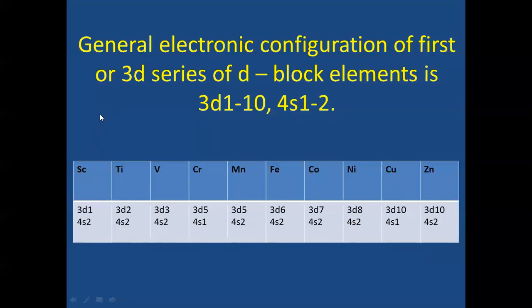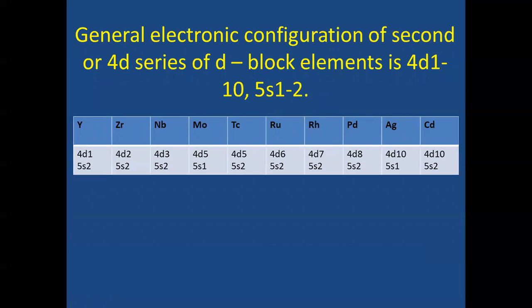At present we are talking about electronic configuration. So this was about the electronic configuration of the first series, or 3d series. Next is the 4d series. Again, we have to follow the same thing. Here we know that molybdenum and silver show some deviation in writing the electronic configuration.